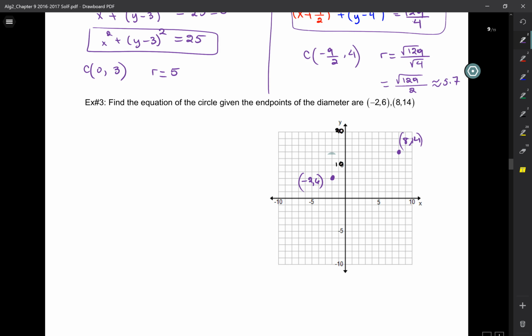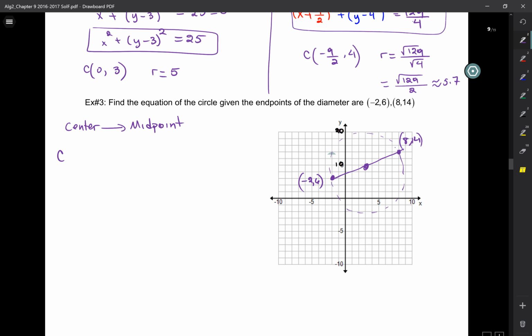Okay? Somewhere in the middle here is a center, and the circle looks like this. This is the diameter of the circle. The midpoint is the center. So the center is the midpoint.